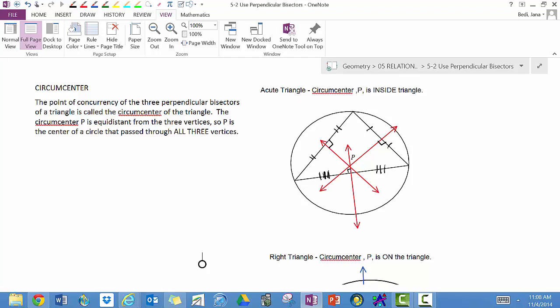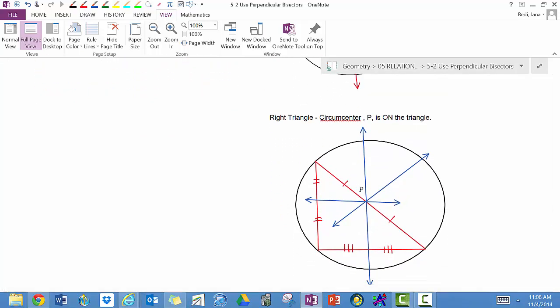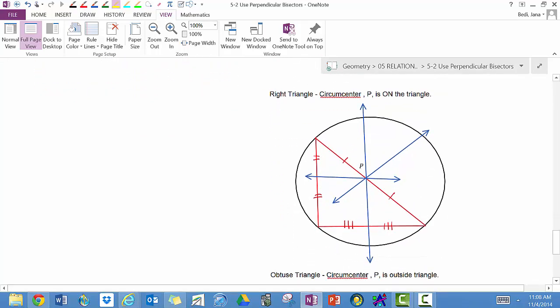And when the triangle that you draw is acute, then the center of that circle is inside the triangle. And you will see this when you do your construction project. In a right triangle, the center of the circle is on the hypotenuse. In fact, it's on the midpoint.